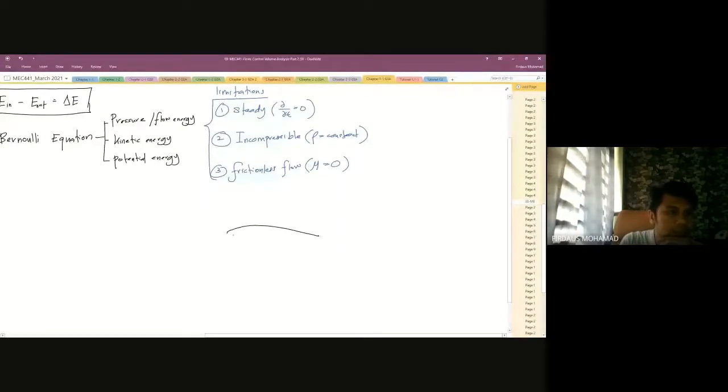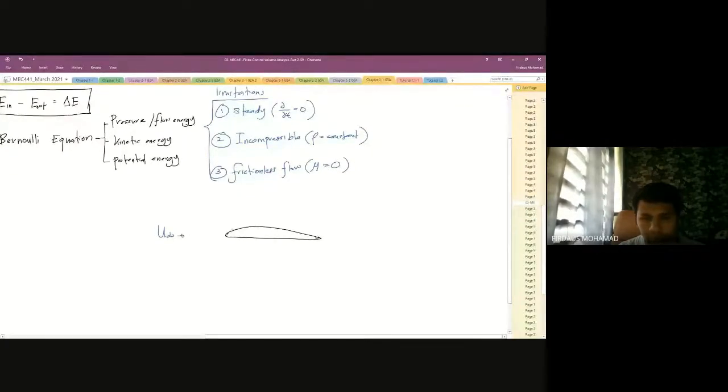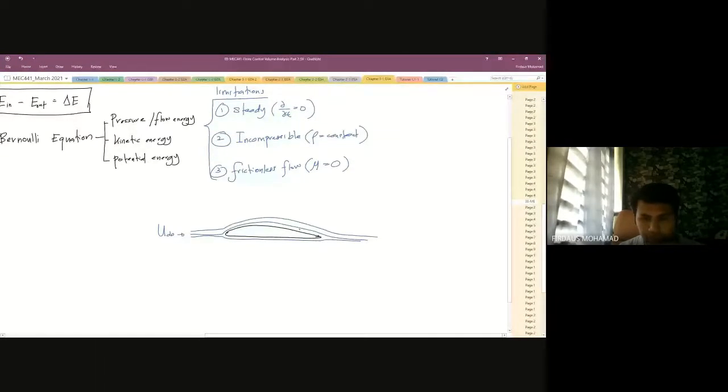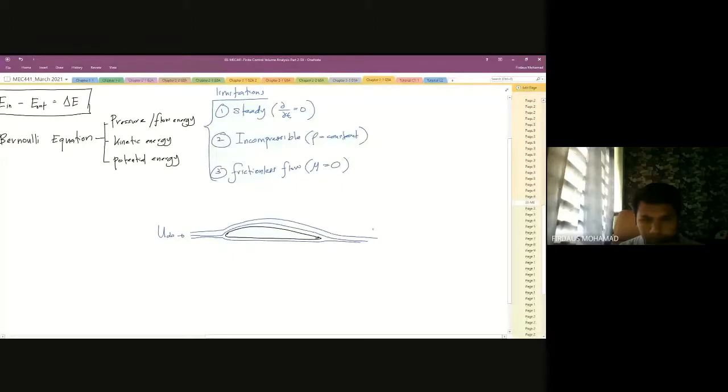And then the free stream passes through this wing, forming what we call streamlines.